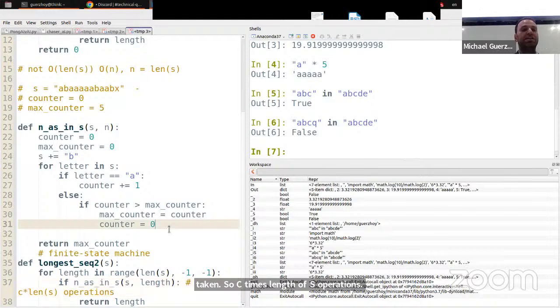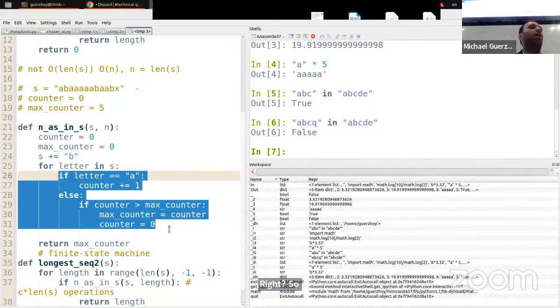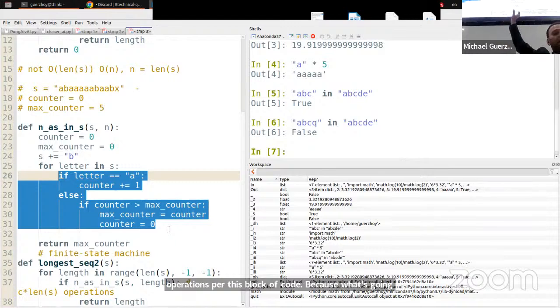So what's C? Well, C would be the number of operations per this block of code. Because what's going on is we're calling an A's in S, and we are repeating this length of S times. So how many operations? Well, C times length of S. How much time? Well, C1 times length of S for whatever is the conversion factor. Yes.